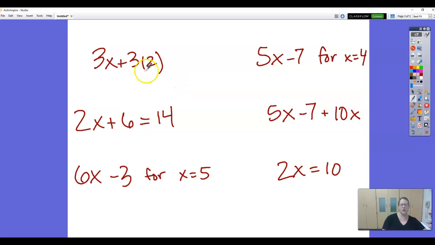Okay. So you're going to be given a bunch of equations and expressions like this, and you're going to be asking, which one would I need to do? Do I need to evaluate, simplify, or solve? Okay, so I guess we'll call it eval, simp, and solve.